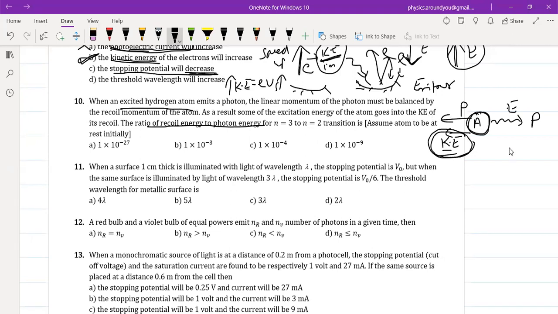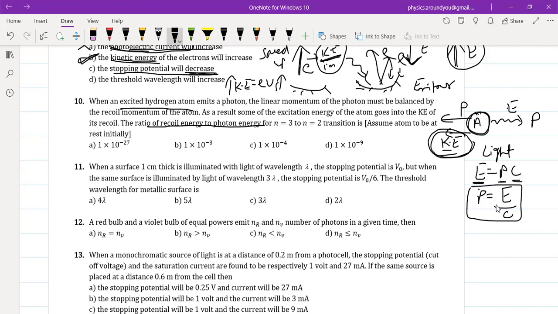How does it help? Well, we know that for light, E equals pc. Energy of light equals momentum of light times speed of light. So momentum of light is nothing but energy divided by speed of light. Okay, that's all I need.